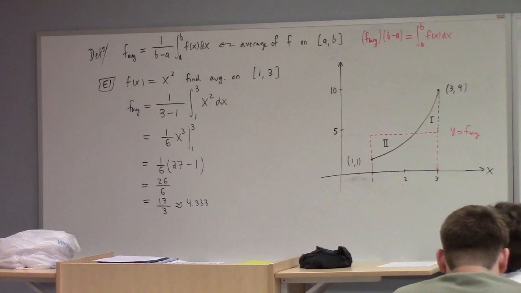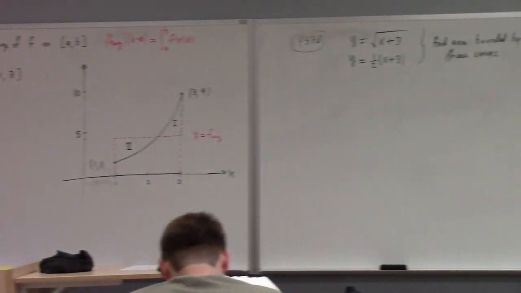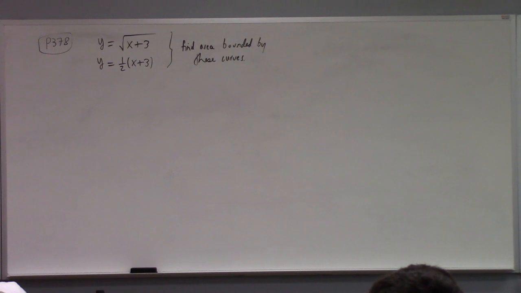What's y equals the square root of x plus 3? You should be able to tell me what that is without touching a calculator, without doing anything but thinking. Well, that's the square root function, just shifted 3 units to the what? To the left, right?